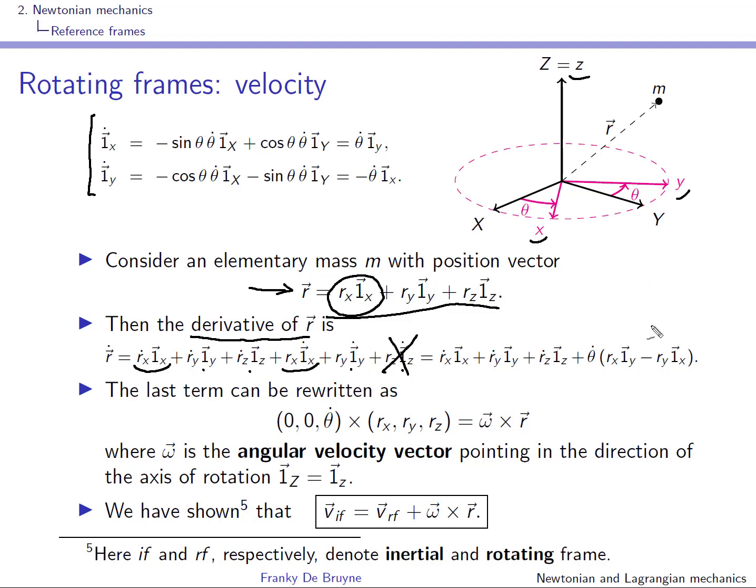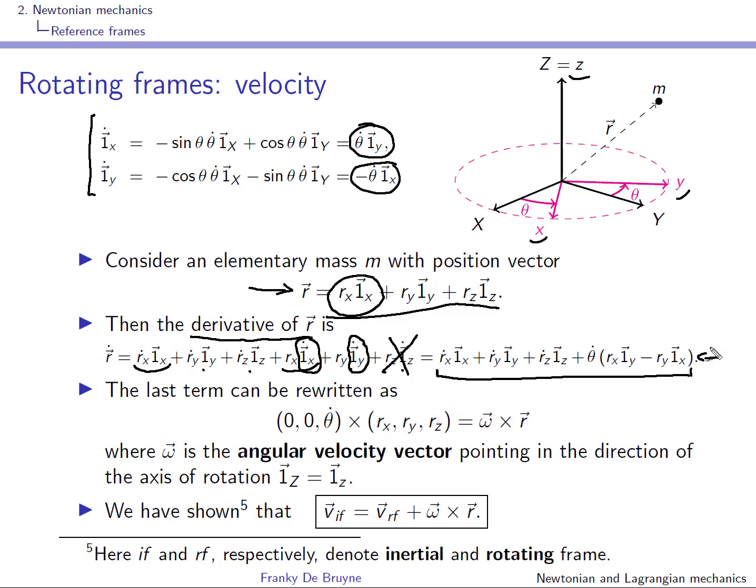So now we can rewrite things in this way, because what we'll be using is that this one, you'll find it over here, so it's equal to this thing, and the derivative of the unit vector y in the rotating frame is equal to this thing here. So if you plug it into this equation, this is what you obtain.